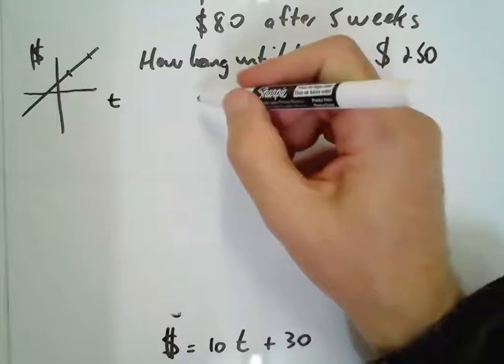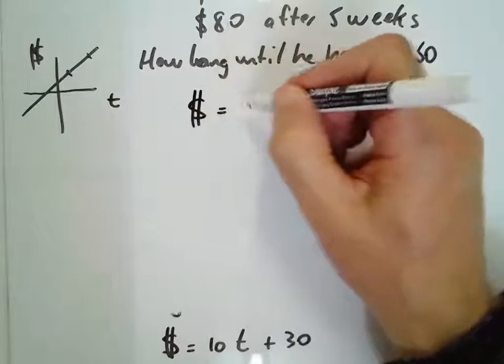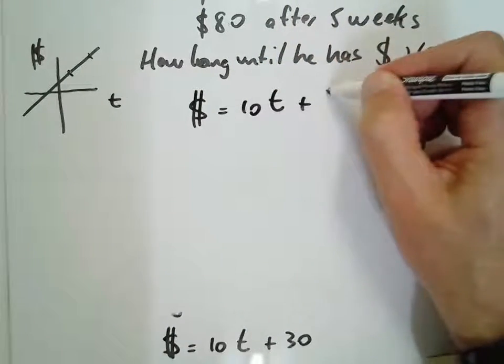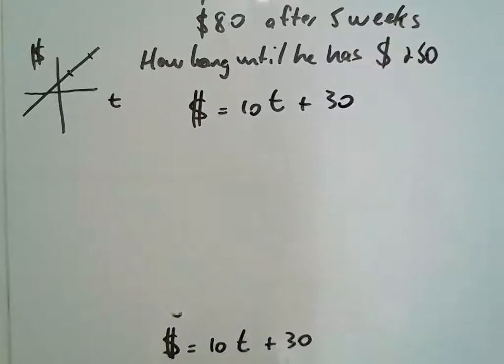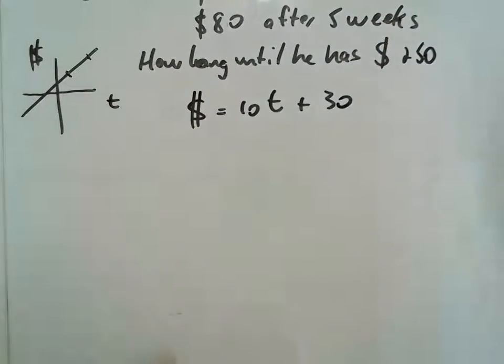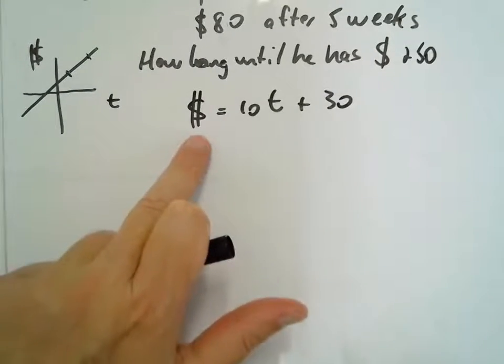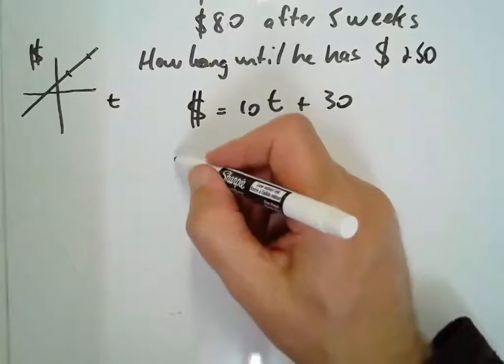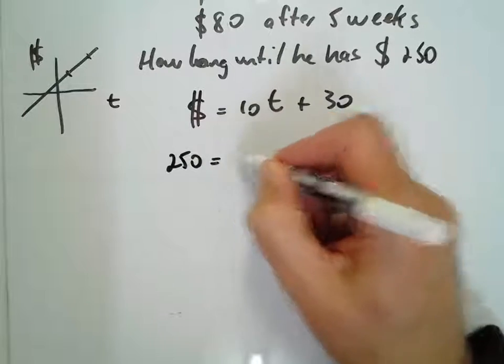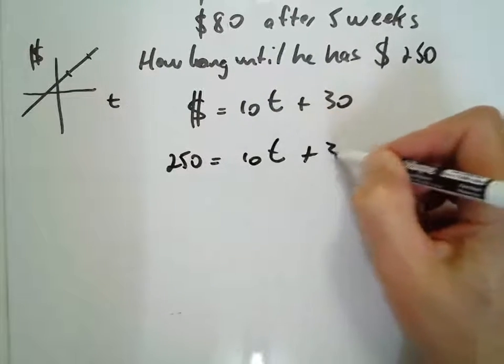The question actually states how long until he has $250. So that's dollars here. So by substitution, I'm going to put 250 equals 10t plus 30.